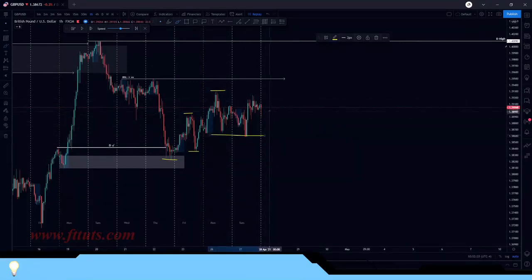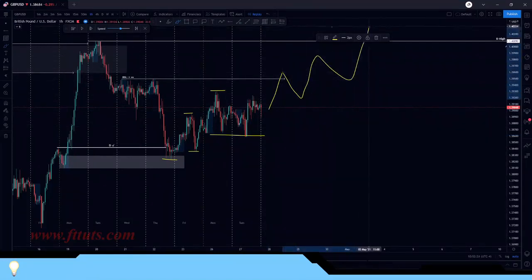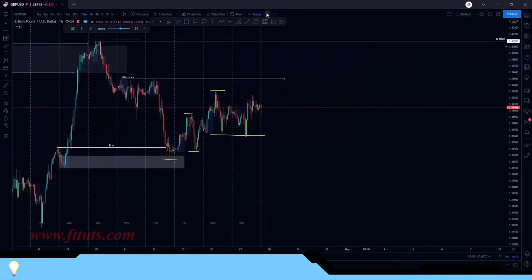So what we were expecting is a higher high to be created and to continue with this beautiful theoretical higher high and higher lows image. However, in reality, it won't look exactly like this, but this is what we're looking for: upward movements.